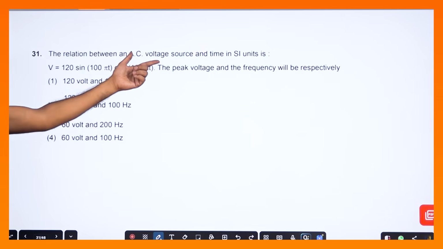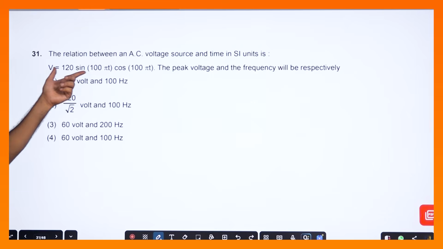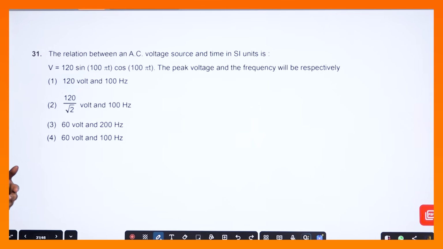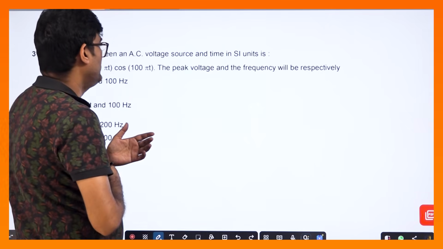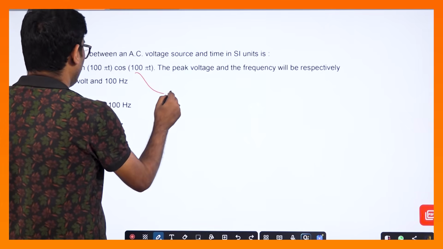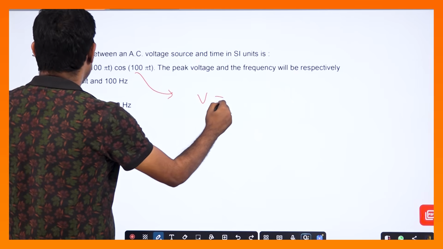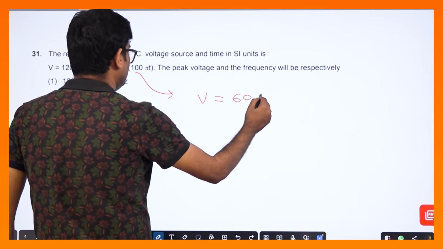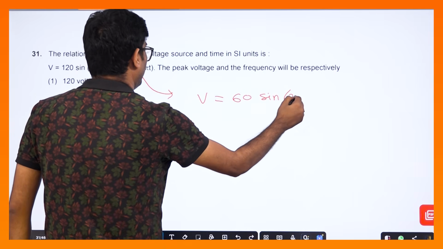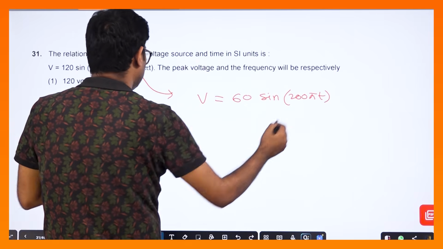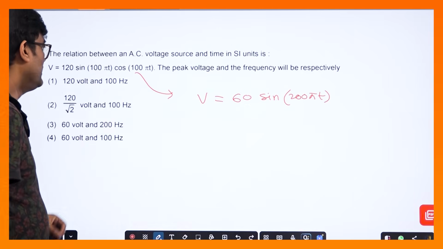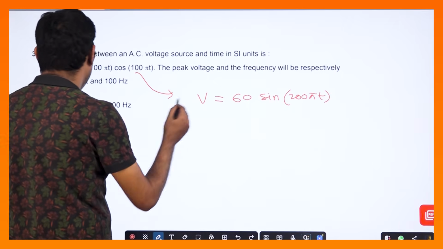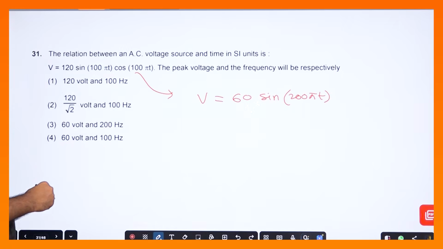The relation between AC voltage source and the time is given. We need the peak voltage and frequency. I can modify this as 60 into 2 sine theta cos theta, which means sine 2 theta, so sine 200 pi t. That's it. So what is the peak voltage? This peak voltage is equal to 60.